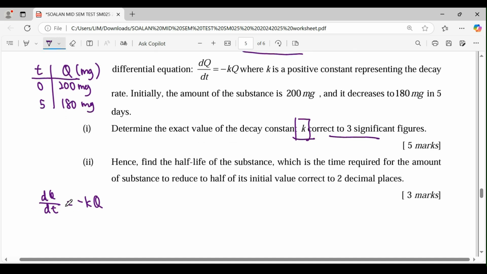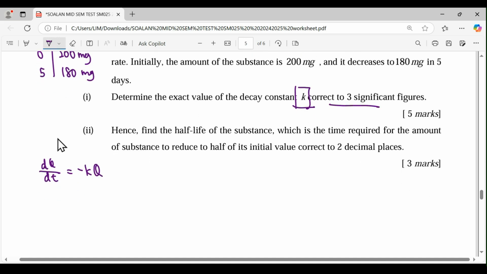So we start with our differential equation here. We rearrange. You can see when you have variables Q and t, you just have the unknown Q here. t is not present, which means that this differential equation is separable. Rearrange the Q to the left hand side, and dt times it to the right hand side.